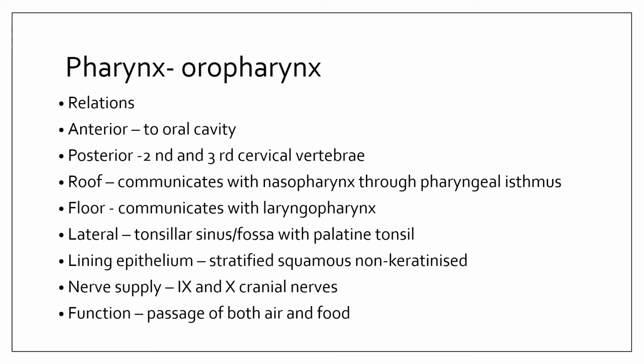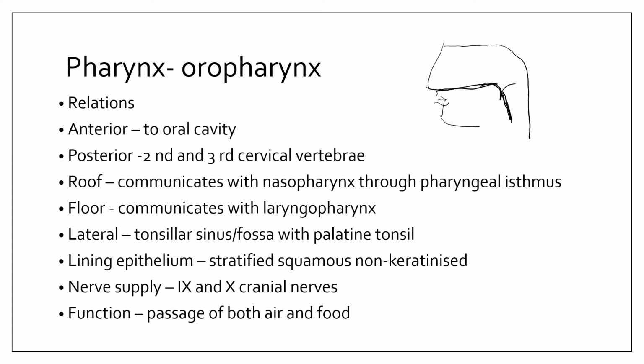Now, what is this pharyngeal isthmus? So, we have seen that this is the hard palate. This is the soft palate. And behind this, here, this is the nasopharynx. So, there is a fold we have seen, that is palatopharyngeal fold.